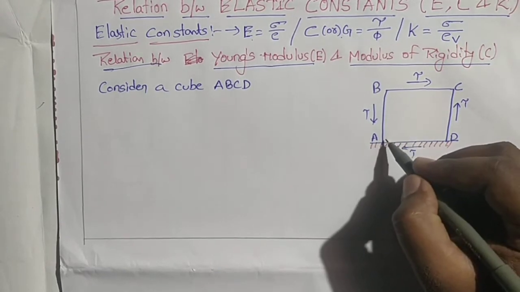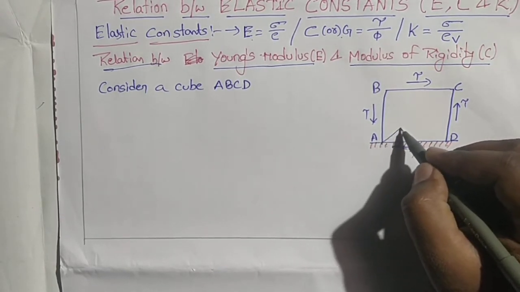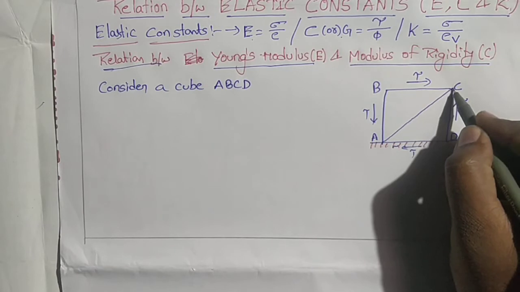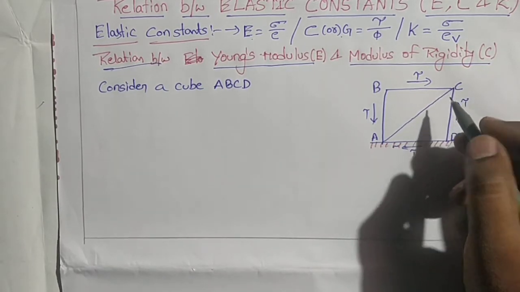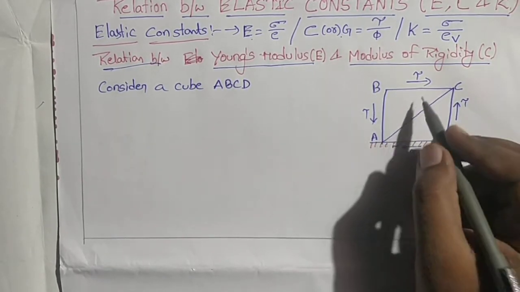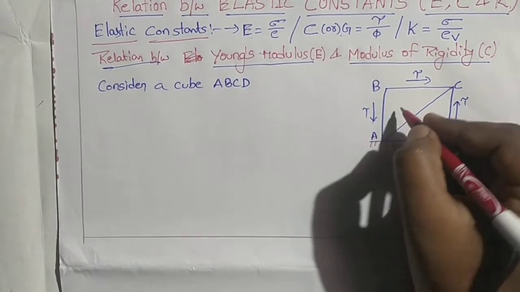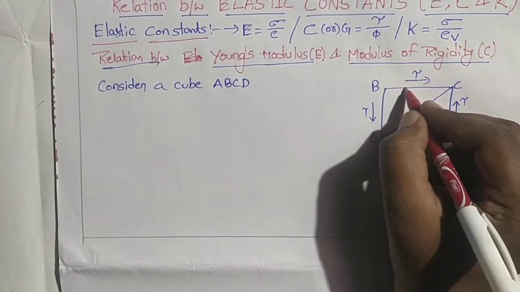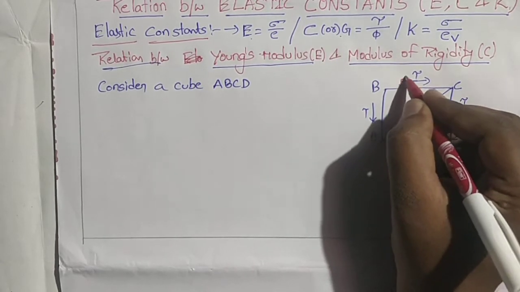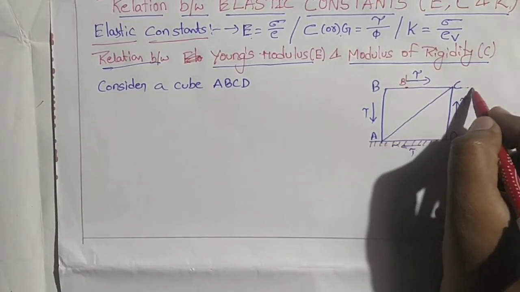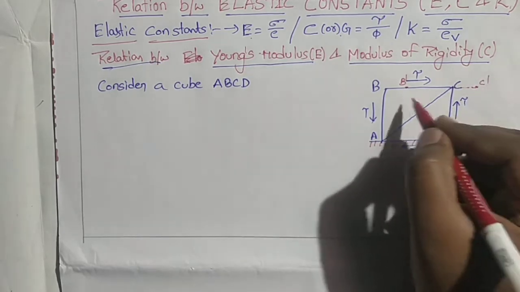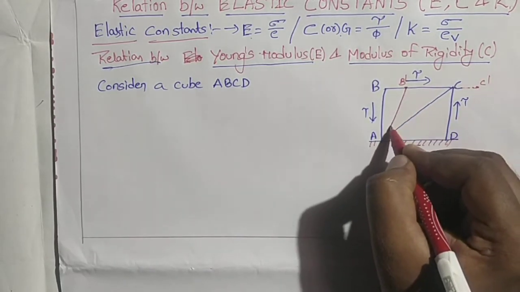Now I am considering a diagonal AC. AC is the diagonal. Due to the shear stress, the body gets deformed. B is shifted to the new point B dash and C is shifted to the new point C dash through some angle phi.